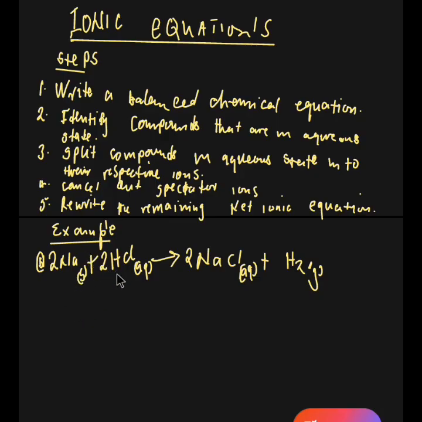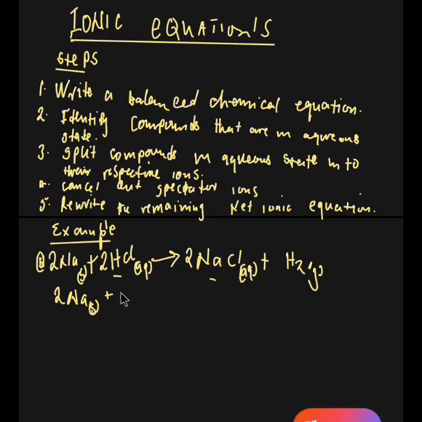So now that we have been able to identify compounds that are in aqueous state, we need to move to step 3, where we are told to split compounds that are in aqueous state into their respective ions. So now we are going to say sodium. This one is in a solid state, we just copy it the way it is.